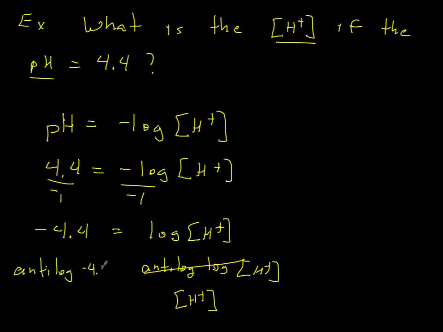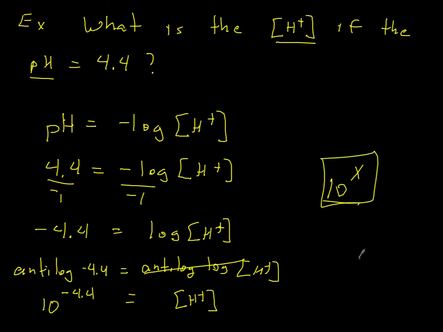of negative 4.4. Now, on your calculator and in practicality and mathematics, the anti-log is 10 to the x. So what the anti-log of negative 4.4 is, it is 10 raised to the power of negative 4.4. That's what the anti-log is on your calculator. So if you find the log button, probably close by, maybe as a second function, it's going to show up as a 10 to the x.